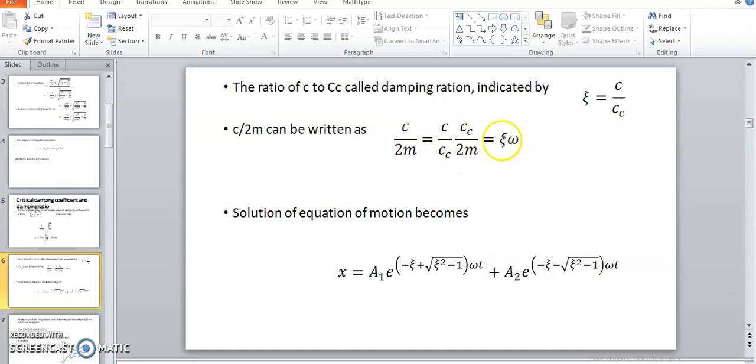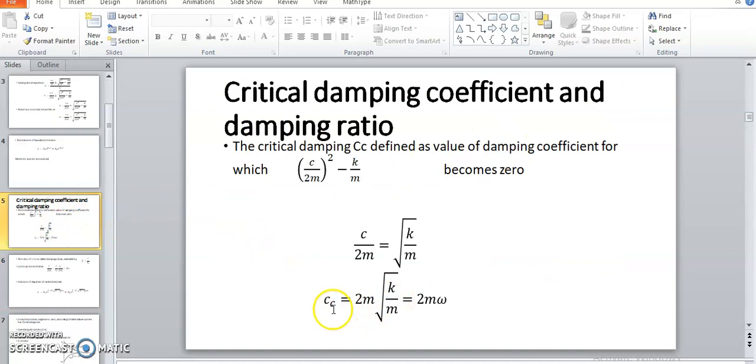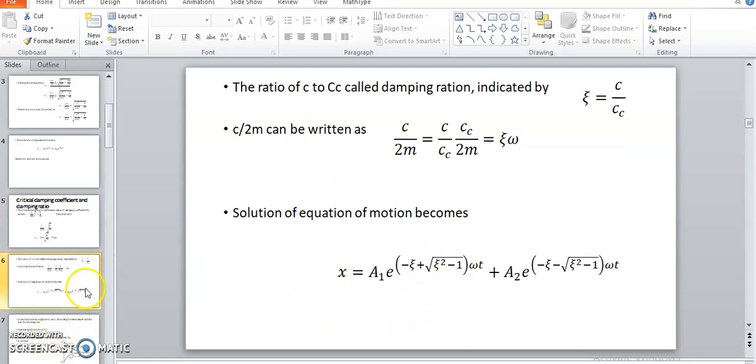C by Cc is nothing but zeta, and Cc by 2m is nothing but omega. So the c by 2m term now changes to zeta omega.